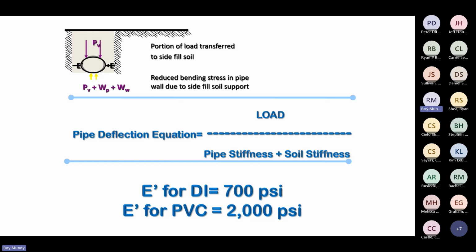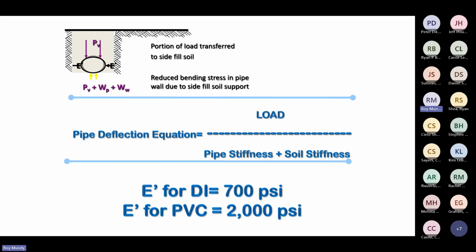And so in a very simplistic equation, as you can see on the screen, the standard acceptable pipe deflection is 2%.